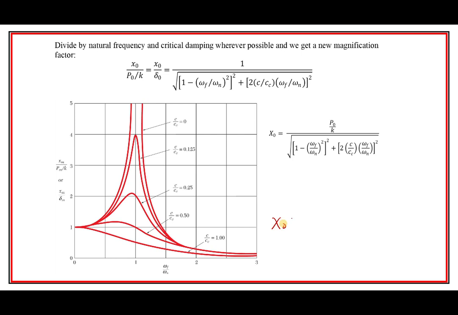This is what we had on the previous page: P0 over the square root of K minus M omega F squared plus C omega F, that squared.